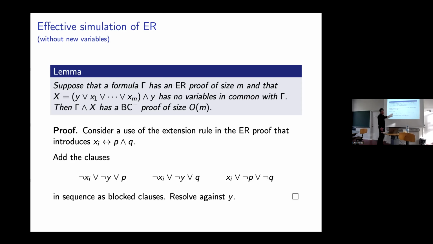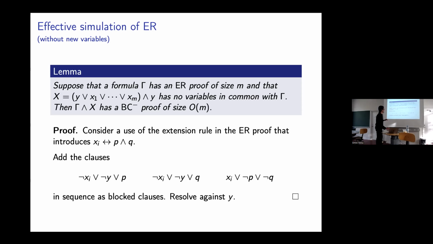Again, technically, those are not new variables because they're already in the formula. Yeah, and then whatever resolution steps the external resolution proof has, you can just replicate them as is in the BC minus group. So we'll use this idea, like I said, to prove separations across the whole system, all of which effectively simulates external resolution.